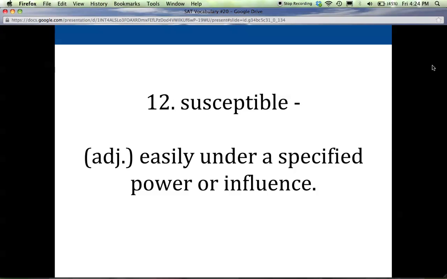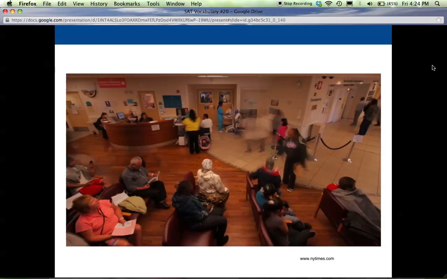So when I think of being susceptible, I think of getting sick. If you're susceptible to illness, maybe your immune system is already compromised, and so it would be easy for you to fall under the power of the infection or the germs that are going around. So susceptible is to be vulnerable, to go under the influence of something.